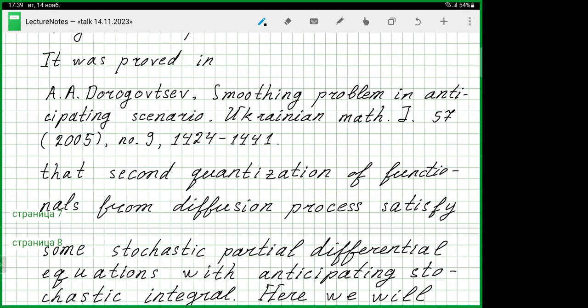Because when we just say, okay, we construct some anticipating stochastic integral, for example a Stratonovich integral, when we have a semimartingale, or some other, the question naturally arises: why do we need this new construction? What physical or mathematical reasons are there to study this new construction?